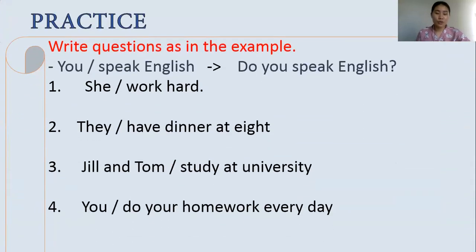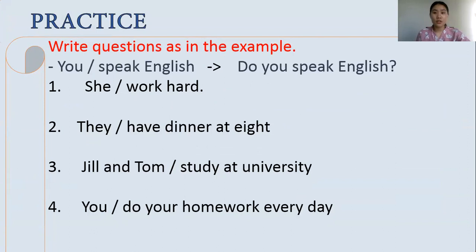We move to the last exercise today. Look at the example right here. You speak English. So if you want to make questions with the example right here, you put do or does in front of the subject.